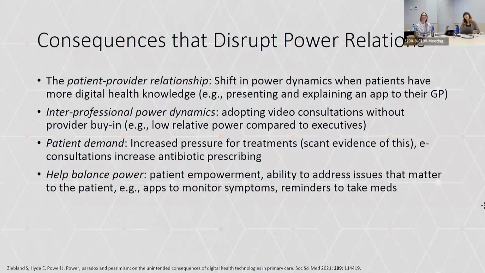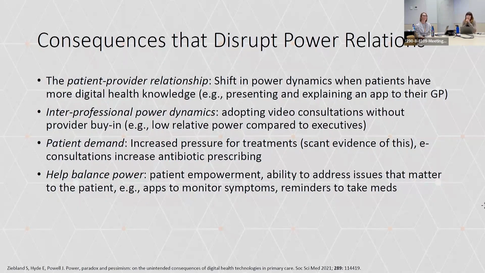And so I wanted to just briefly summarize these because I think they're really interesting. So you have consequences that disrupt power relations. These are patient-provider relationship, interprofessional power dynamics, patient demand, or balancing power.